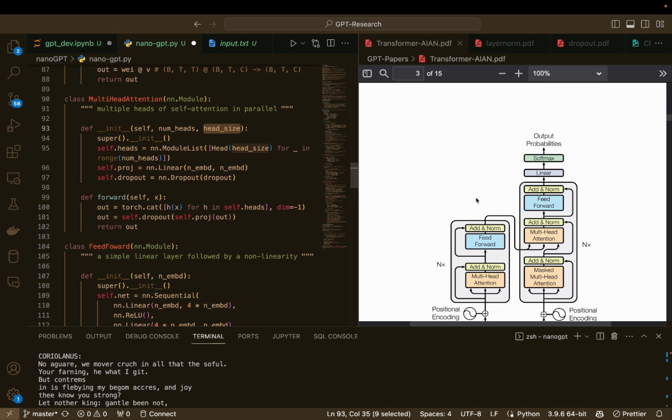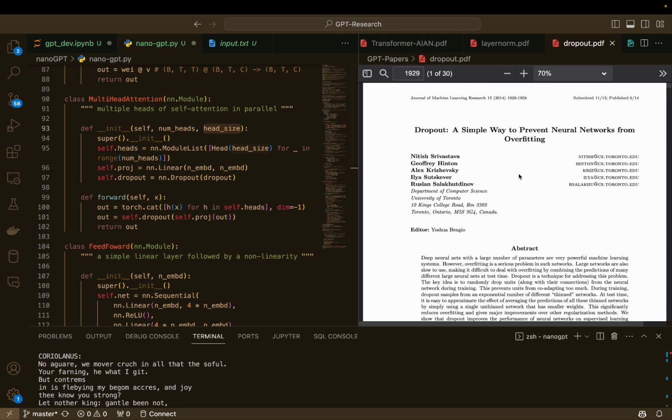So as you can see, if we look at the paper here, this is our multi-headed attention, and we are passing the projection here, the linear layer, and then there is a dropout. So this is also another important part. What does dropout actually do? If we look at the dropout paper, it just prevents the neural network from overfitting.